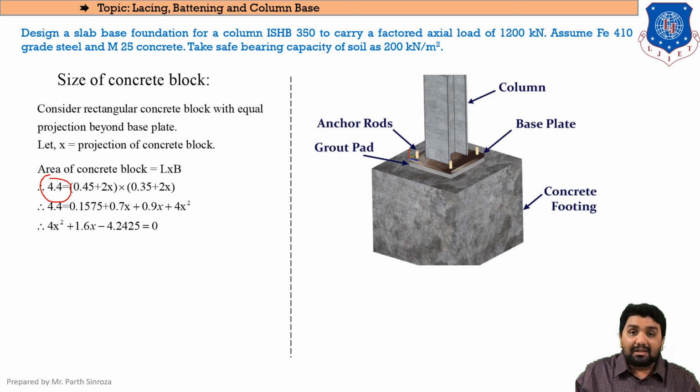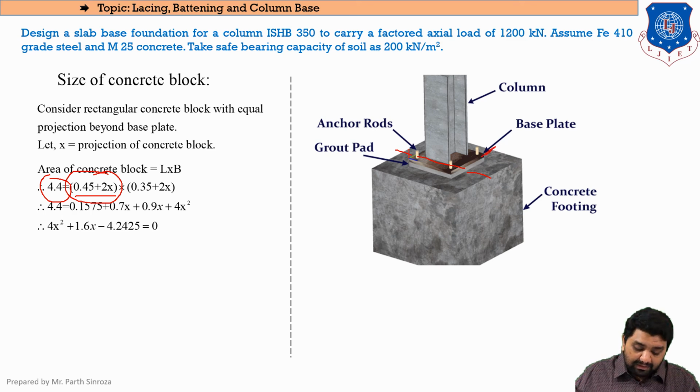Area as we obtained earlier was 4.4 meters square, and for the length, our base plate depth was 450 mm, so 0.45 plus x, because the projection will be on both sides. So the total length comes out to be 0.45 plus 2x.